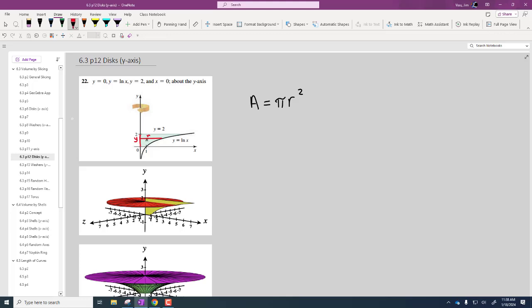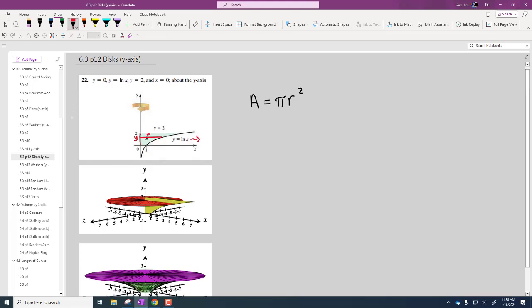So we want to take this function right here and isolate x, so that's going to be x equals e to the y. That is going to be our radius. So we come in here, we're going to have pi times (e to the y) quantity squared. And once again, a power to a power, you just multiply the exponents. So we're going to have pi e to the 2y. That is going to be the area of the disk.